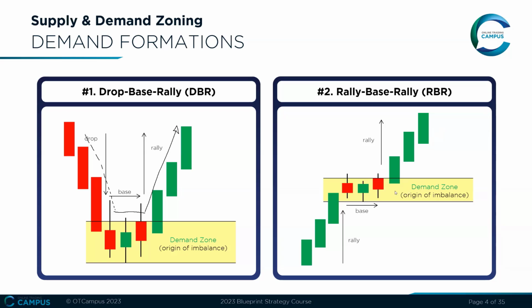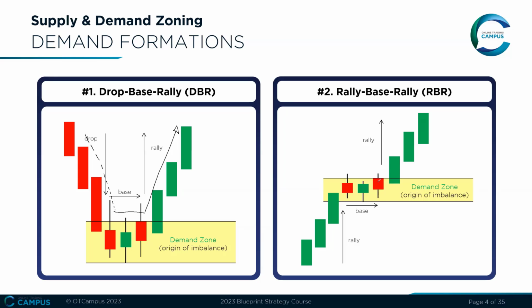That's the origin of imbalance because that is where the relationship between the willing sellers and the willing buyers has shifted into one party being in control. And that is the willing buyers being in control, the willing sellers turning zero, and therefore we see a continued rally. Now, where that shift takes place from balance to imbalance is where the origin of imbalance is, and hence that is where the demand zone is.